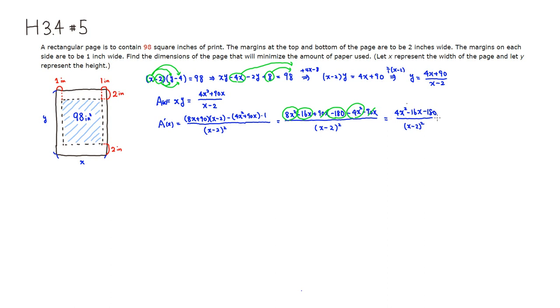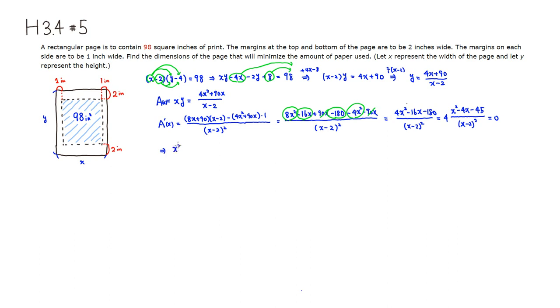All right, so it seems like 4 is in common. I'm going to pull 4 out from the numerator. So we get x squared minus 4x minus, divide by 4, so 180 over 4 is 45, over (x minus 2) squared. If you set this equal to 0, all you have to do is solve this quadratic equation.